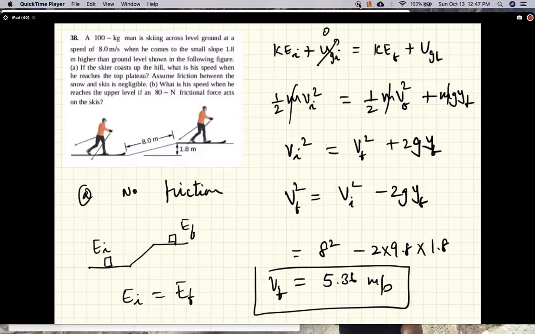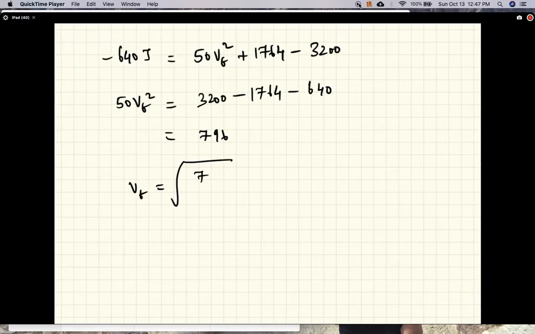Okay, 796, and so v final is the square root of 796 divided by 50, which is about 3.99 meters per second. And as promised, this speed is lower than when there was no friction present. Okay. Alright, this solves this problem.